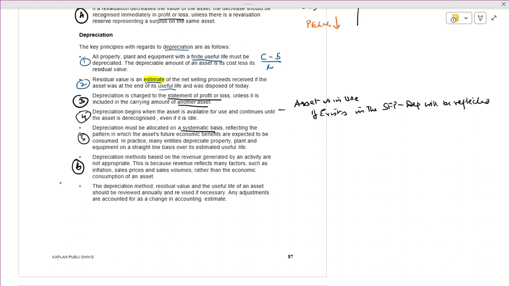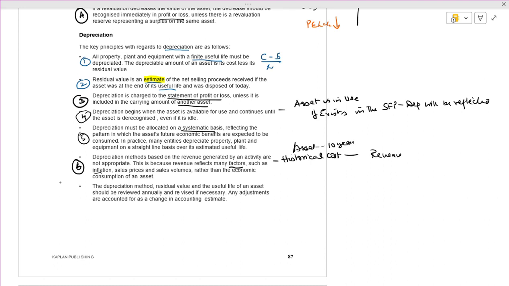an activity are not appropriate. This is because revenue reflects many factors. Revenue reflects inflation. We take historical cost as a basis, but what will happen if you take revenue into consideration? Assume the asset is for 10 years.